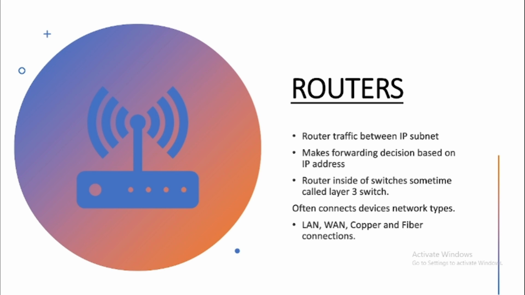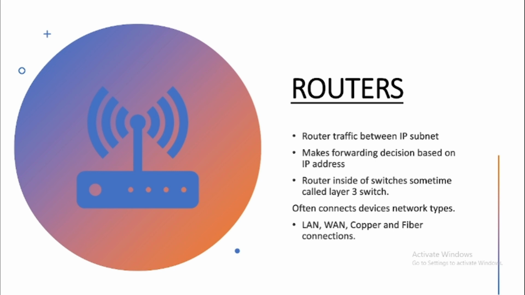Because this routing takes place at layer 3 of the OSI model, we often refer to this as a layer 3 device. And if you have a router that can be configured inside of a switch, you would refer to this device as a layer 3 switch.